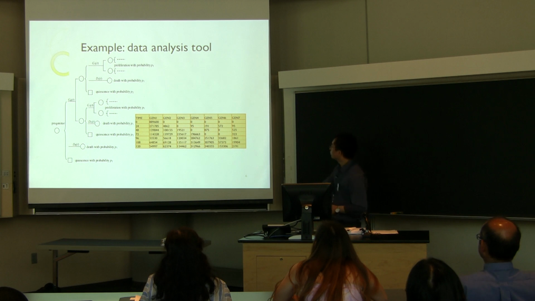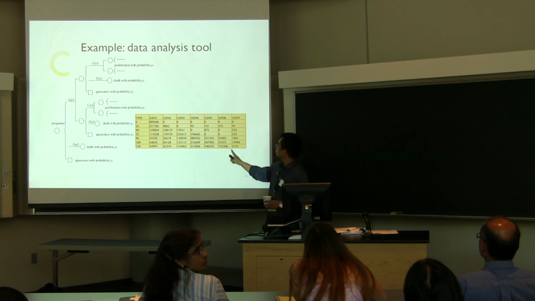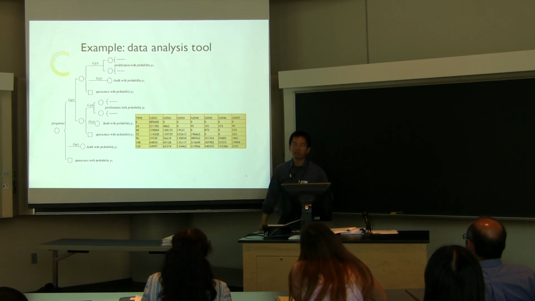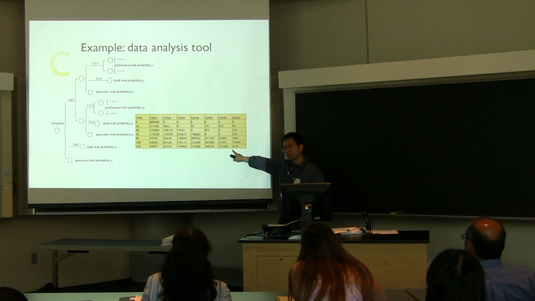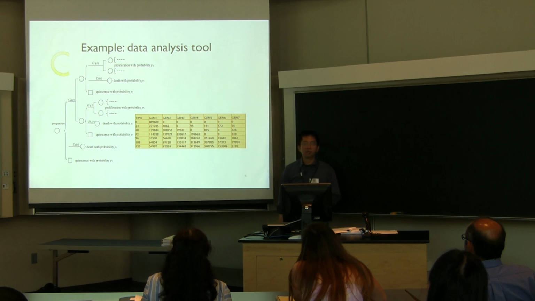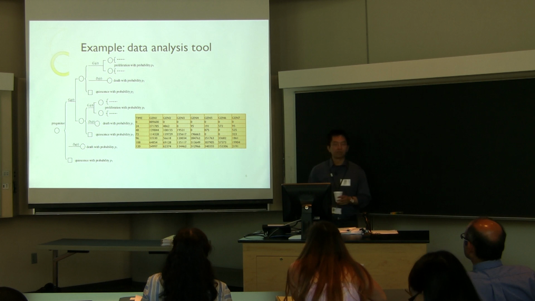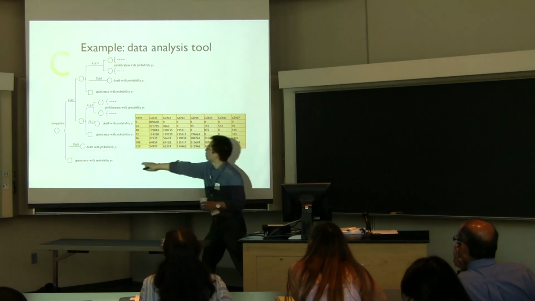I'm going to ask the same question Martin just asked. Can you tell the time to division or time to death just from this data? It's not easy, because this data just tells you the number of cells at different time points. How do we know the average time to division or time to death? That's where we can use mathematical models.